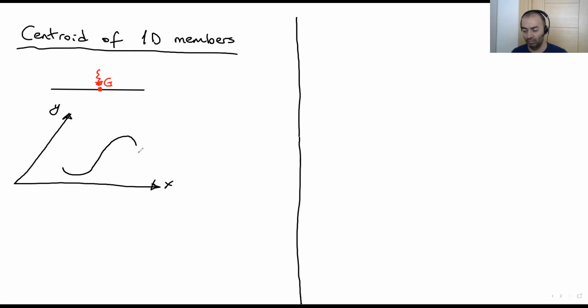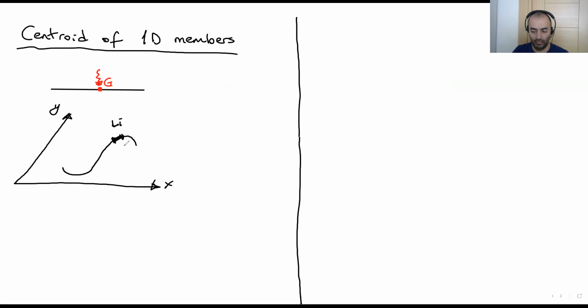That's why we are gonna use the same method we talked about on the previous page. We are gonna divide this member into small pieces. For example, here, this member. Let's say the length of this member is Li.